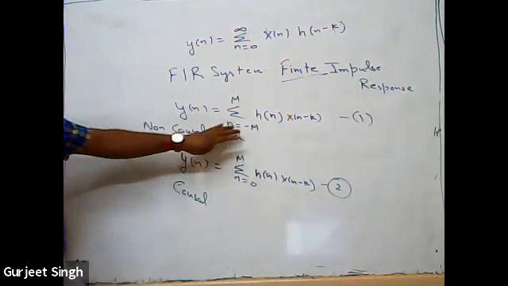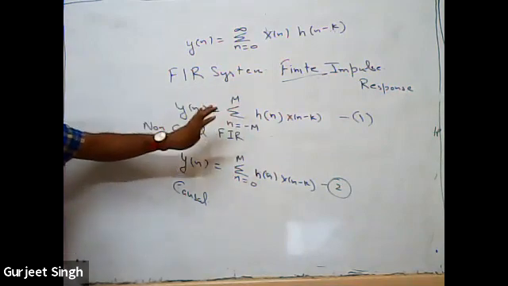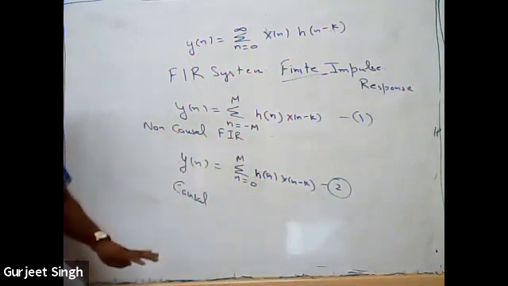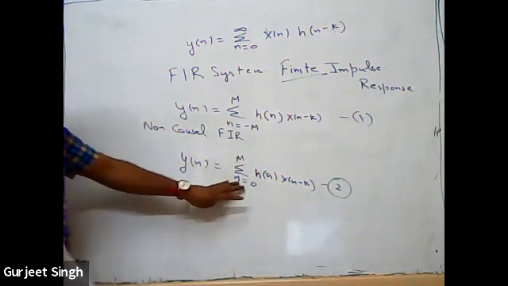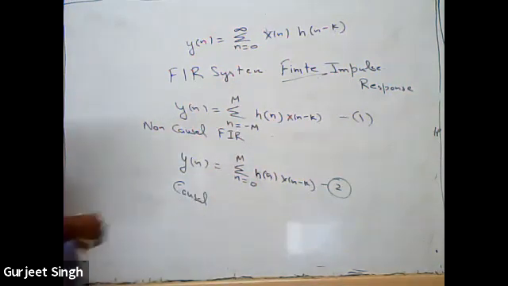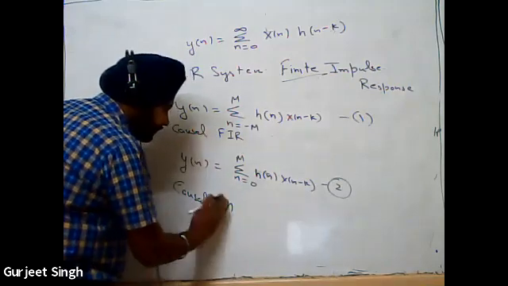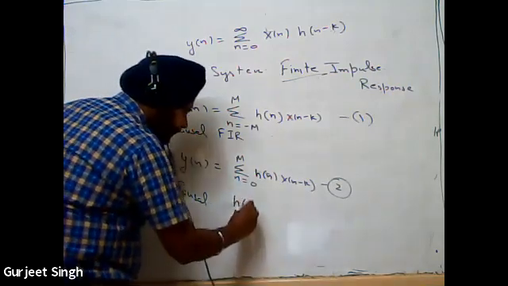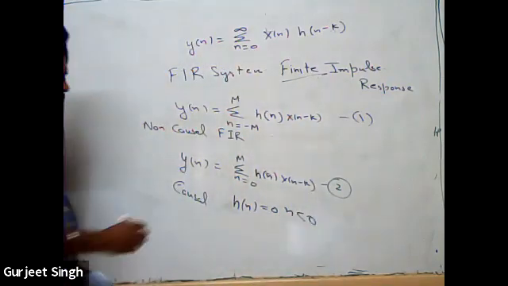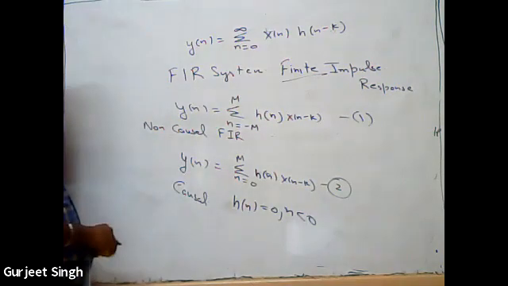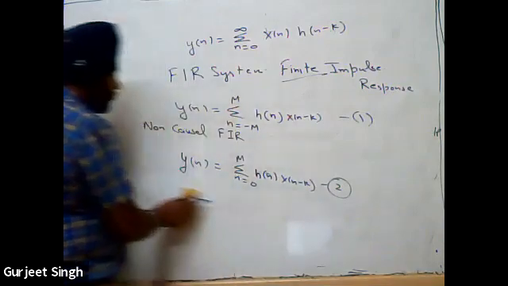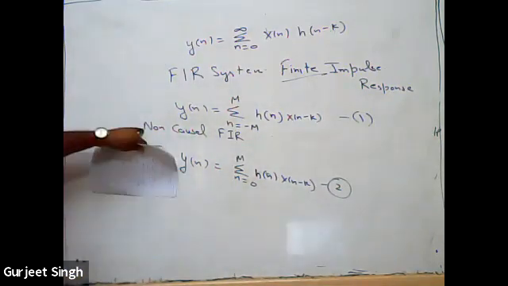The range is from minus M to M. But in the causal system the range is from n equal to 0 to M. Here we are having a range starting from 0 to M in the case of causal, because for the causal LTI system h[n] is 0 for negative values of n. So in the causal system we are not taking the negative values. This is the causal LTI system, and this is for the non-causal.